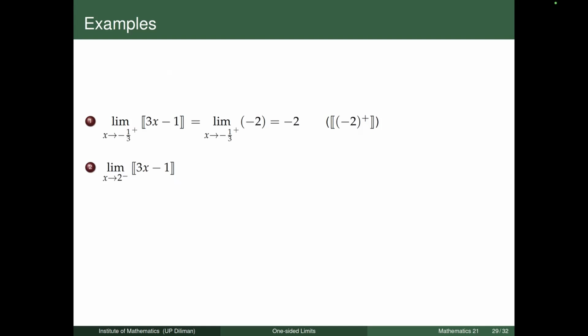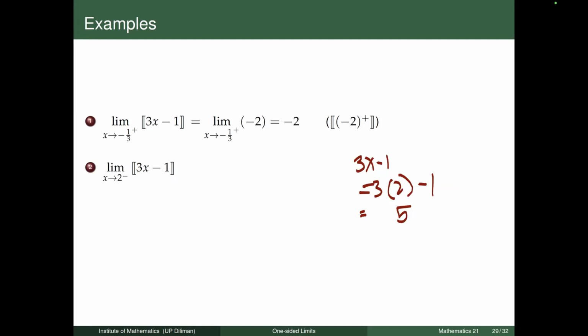How about as x approaches 2 from the left? So, we said earlier, right? 3x minus 1. When we replace x by 2, what will it be? It will be 3 times 2 minus 1, which is equal to 5. Okay? So, is it approaching 5 from the left or from the right?